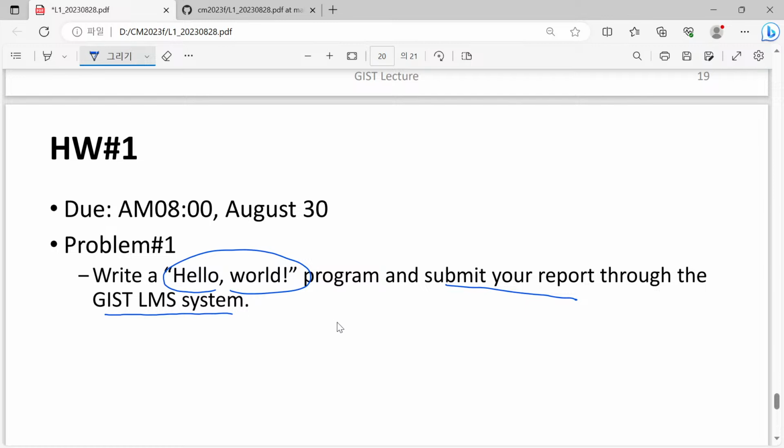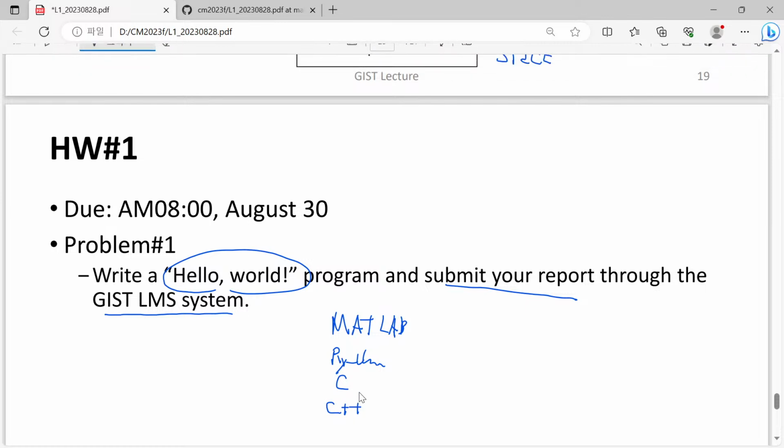For example, you can use MATLAB, you can use Python, and also you can use C, C++, Fortran, whatever. I will not be much interested in your own implementation, and I will not check it in detail.